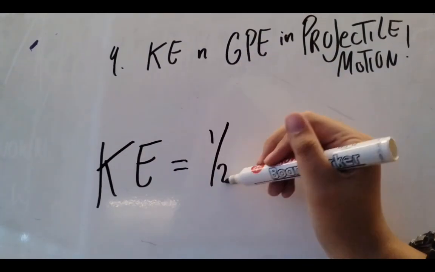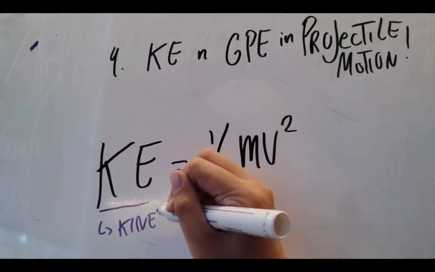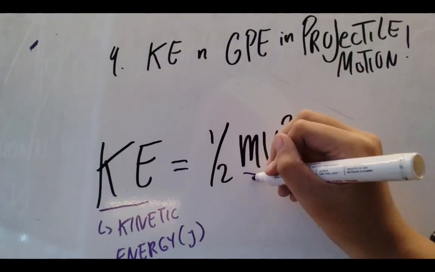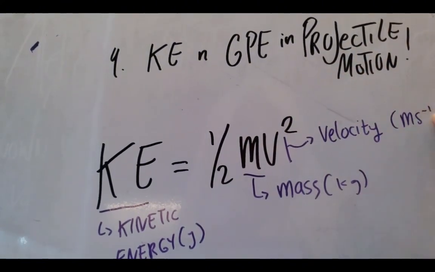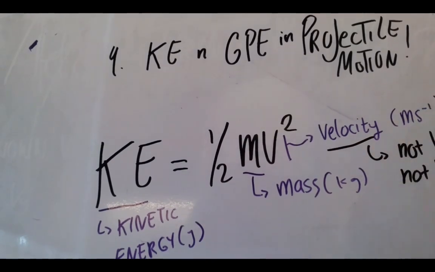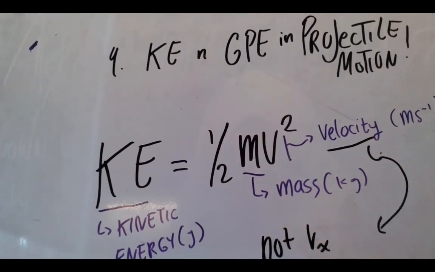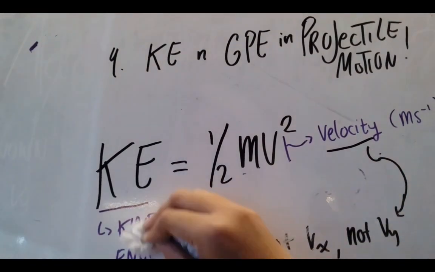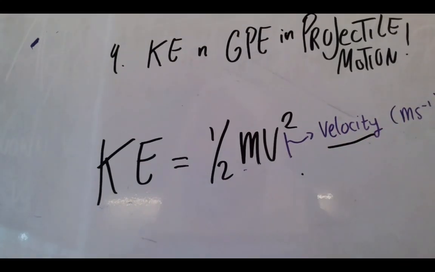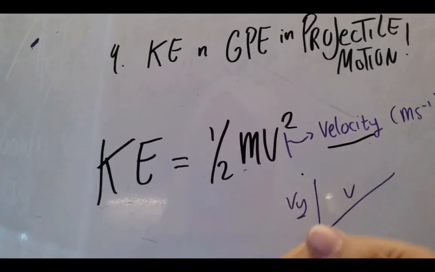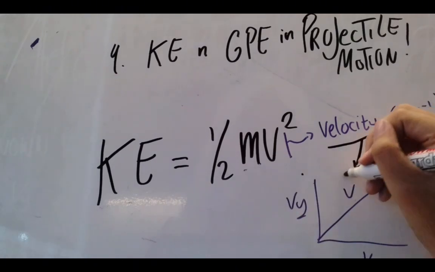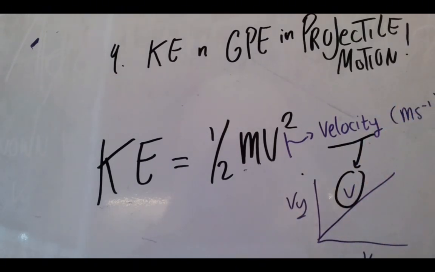Now, as you know, the formula of kinetic energy is half of the product of mass and the square of velocity. One thing to be noted is that the velocity here is not the Vx nor the Vy, but it is the velocity along the diagonal line.